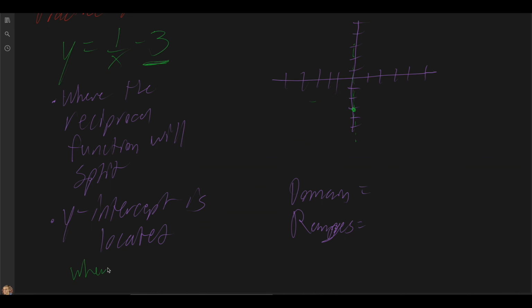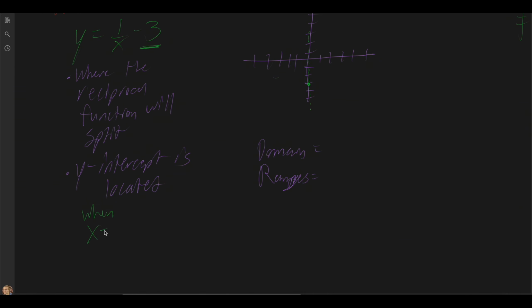So when x equals 0, it's pretty straightforward. That means that y will equal, well, it looks like since nothing can be divided by 0, the whole equation completely goes off. So there is no y-intercept.